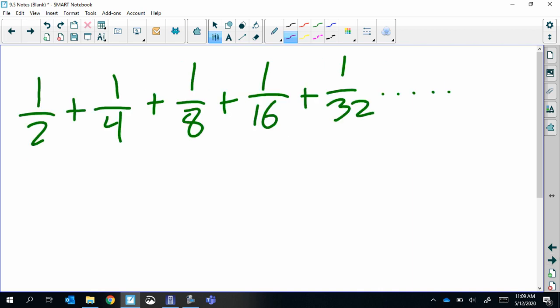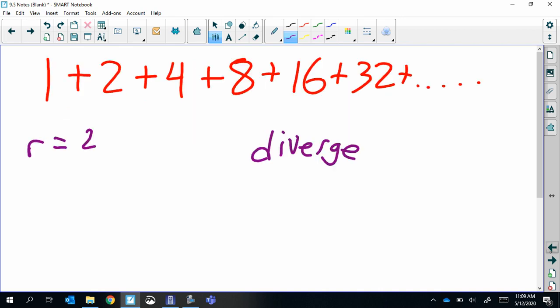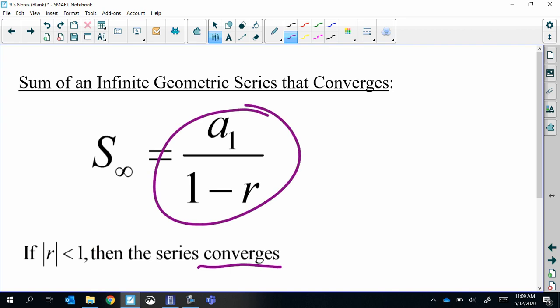However, something like this, where the numbers get smaller, it adds up. You can figure this out because this has an r, a ratio of 1/2. We've actually done this sort of problem before. So when you add all of these up, the first term is 1/2. We can use that formula that we had here, which, if you look at this formula compared to the other one, the only thing that's missing is the parentheses that were up here.